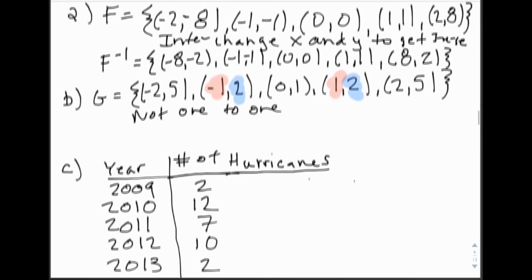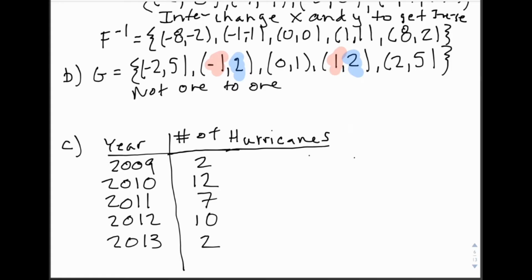So let's go ahead and look at C. We're dealing with a table of values. Our left-hand column represents our year, and our right-hand column represents our number of hurricanes. So we have a 2009 year associated with 2 hurricanes. We have 2010 associated with 12 hurricanes, 2011, 7, 2012, 10, and 2013, 2.